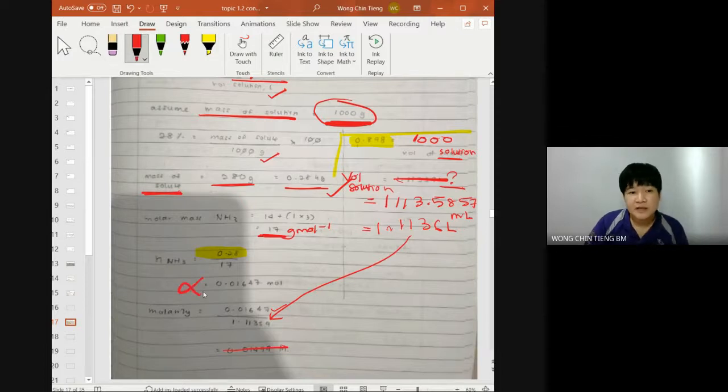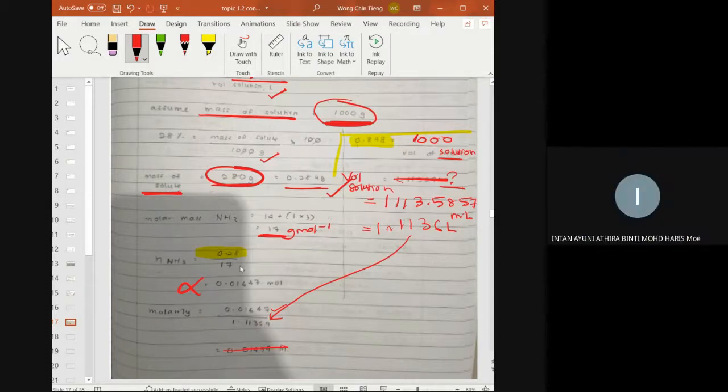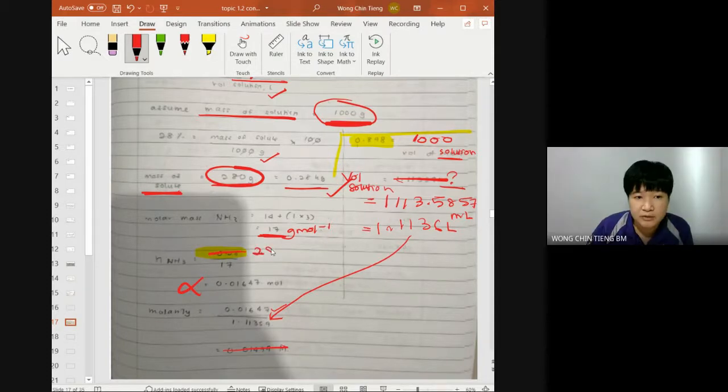Yes. Kalau kamu assume 1000 gram tadi, okay, your mass of solute in gram adalah 280. Nak cari number of mole, kita akan guna yang gram ke kita guna yang kilogram kelas? Yang gram. Guna gram. 280 gram sebab molar mass adalah in gram per mole.